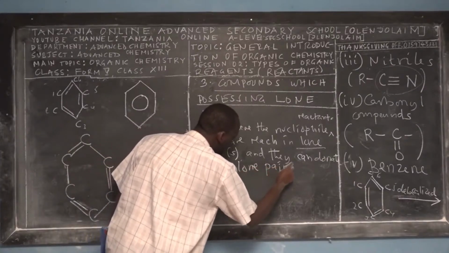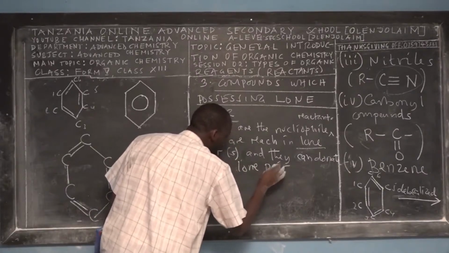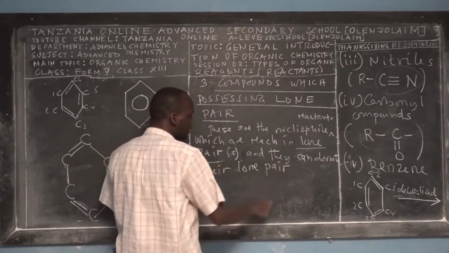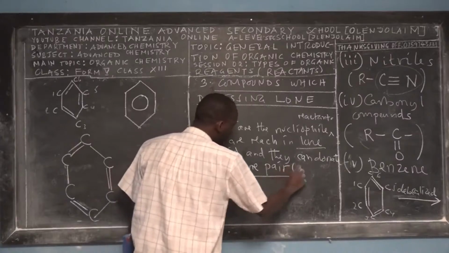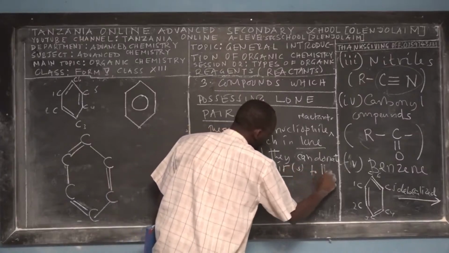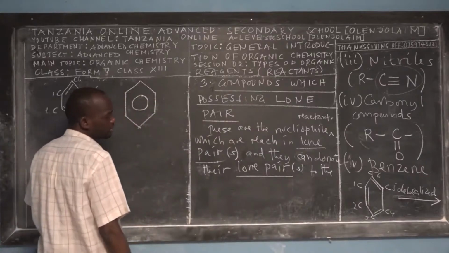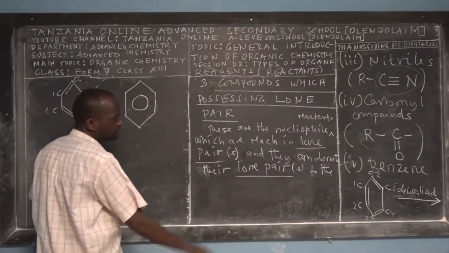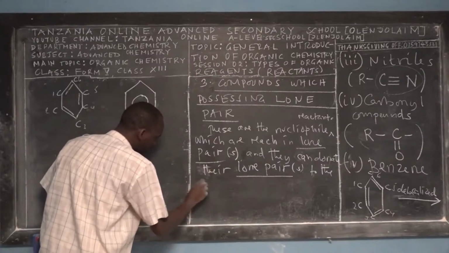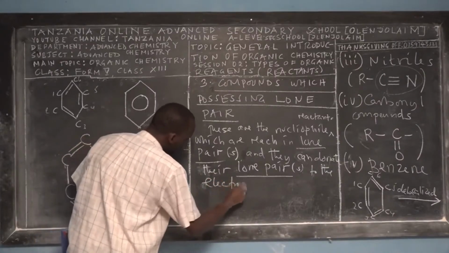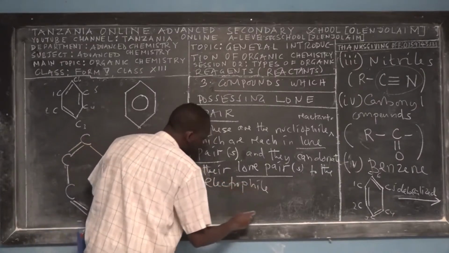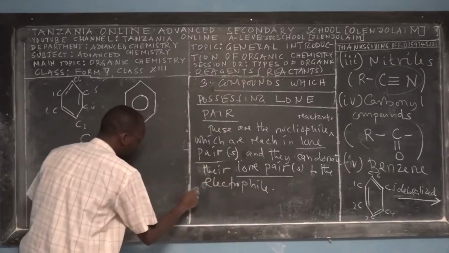They donate their lone pair, not electrons or valence electrons. They donate their lone pairs, resulting in an electron deficient compound or atom, resulting in the electrophile. Right? Electrophile.